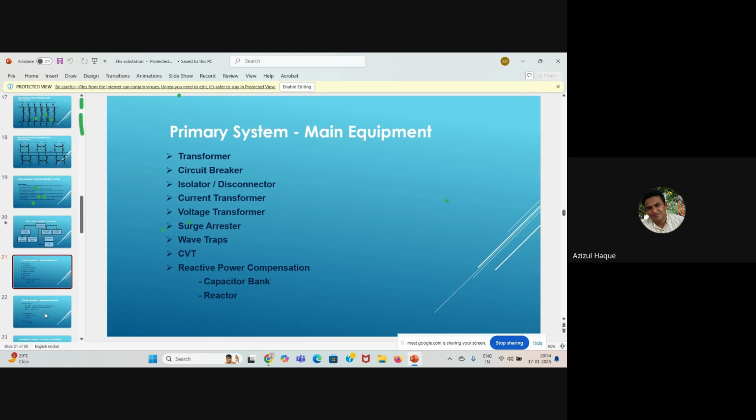Depending upon the length of the transmission line and the reactive power compensation required, it can be a reactor or a capacitor bank. Where the line length is very long, a line reactor is used, and depending upon the compensation required, the capacitor bank is used. Next slide.